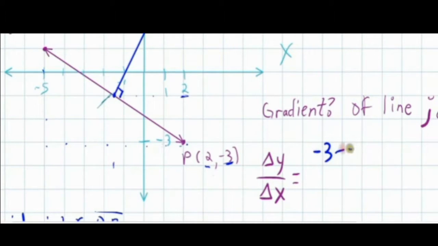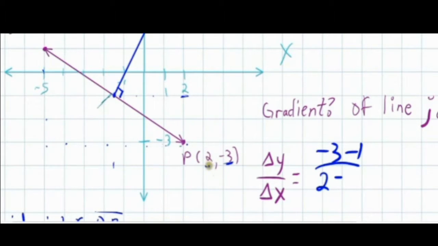That can also be represented by writing -3 minus 1, and then for the x direction, since we use this as the first number, we're going to use this as the first number in the x ones too.